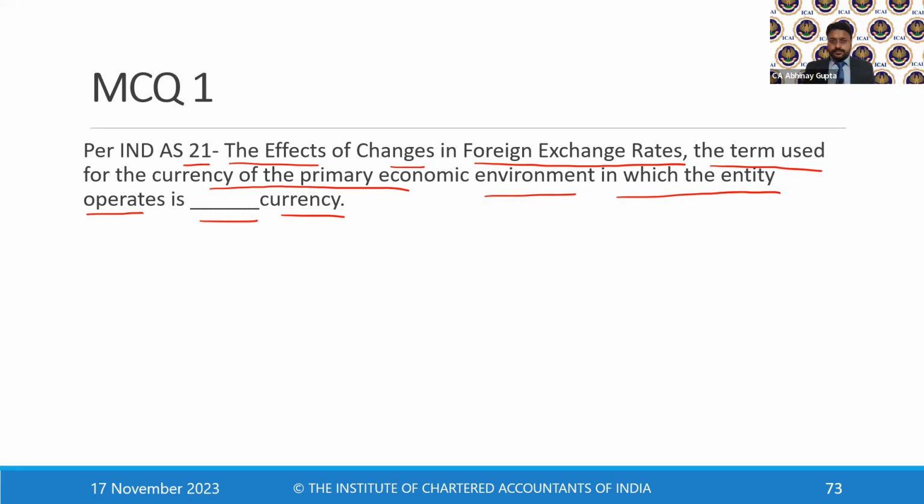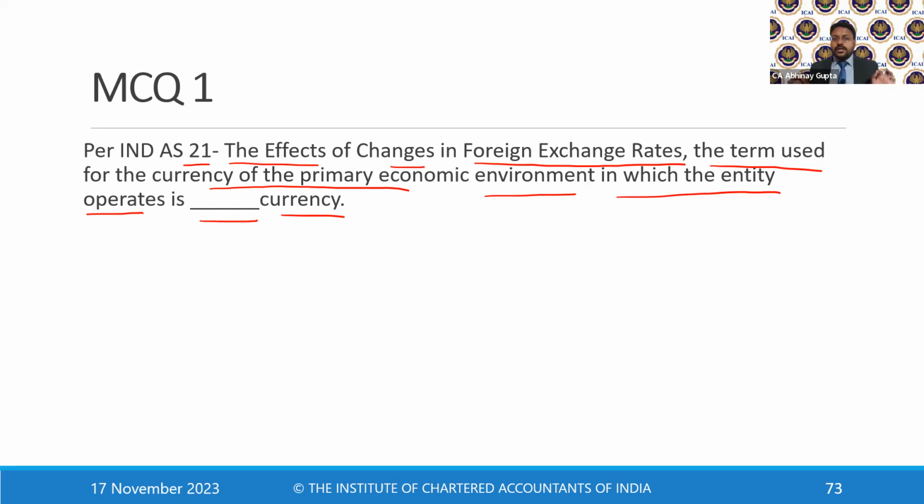Number one is functional currency. Functional currency is the currency of the country in whose prime economic environment the entity conducts its business or operates, right? Foreign currency is the currency other than functional currency.